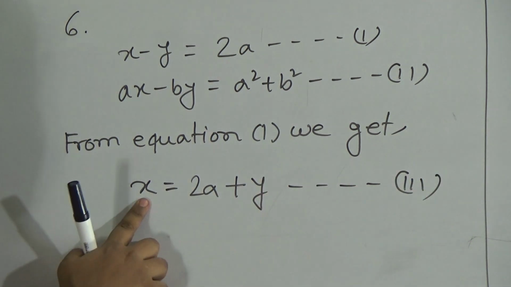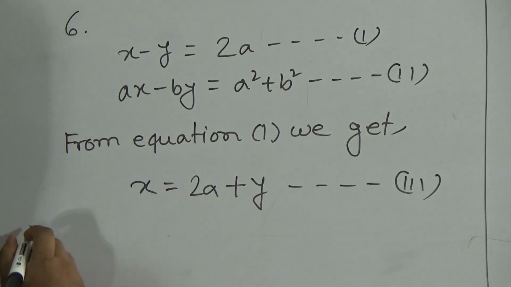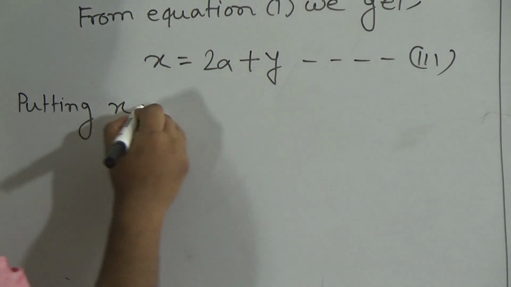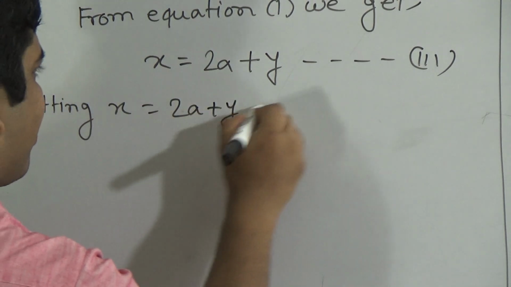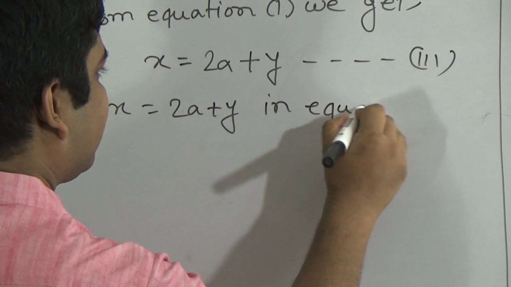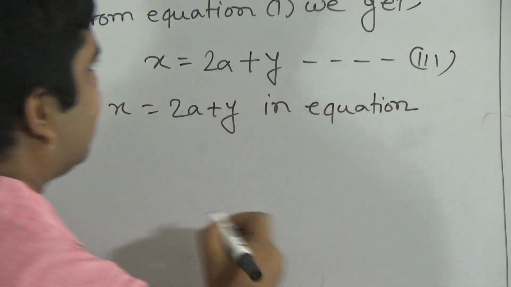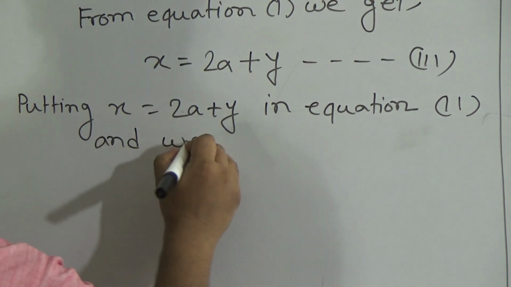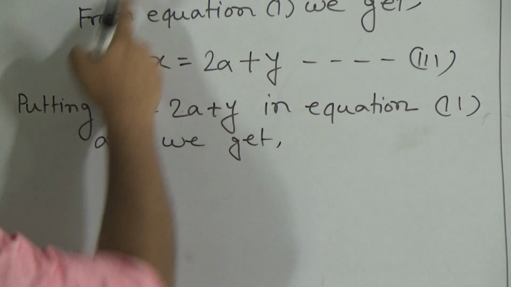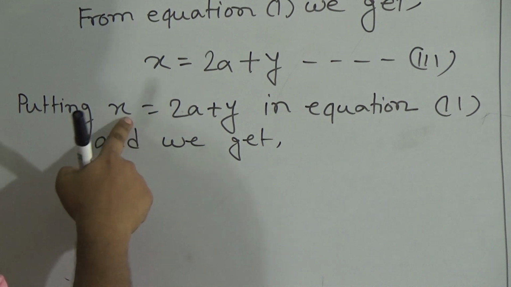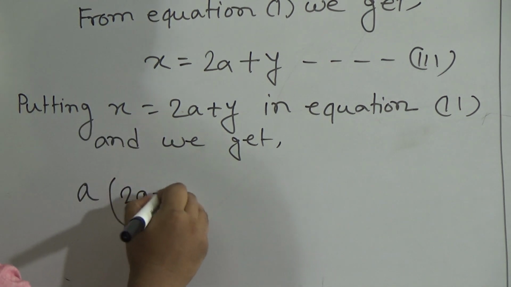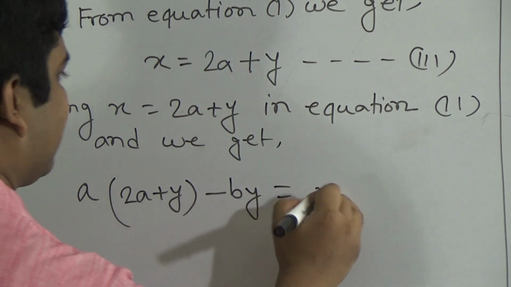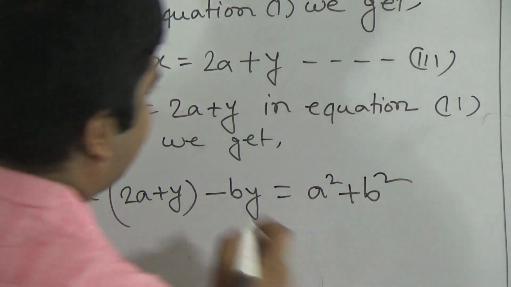Now putting this value in equation number 2, putting x equals twice a plus y in equation 2, we get ax, that means a into the value of x, which is twice a plus y, minus by equals a square plus b square.